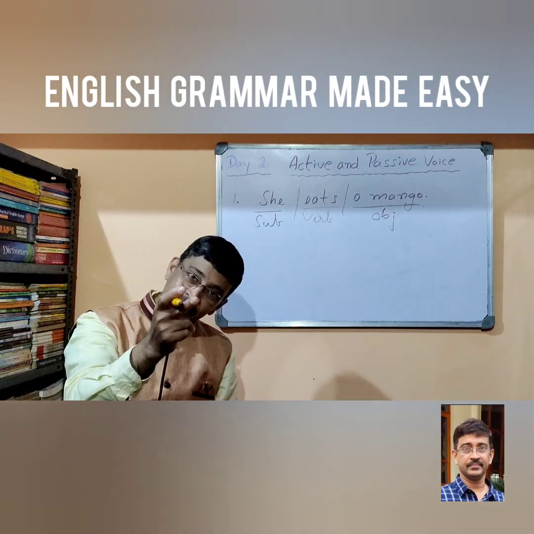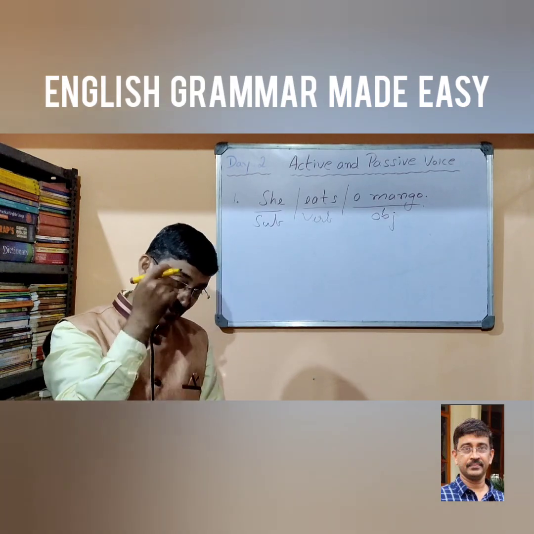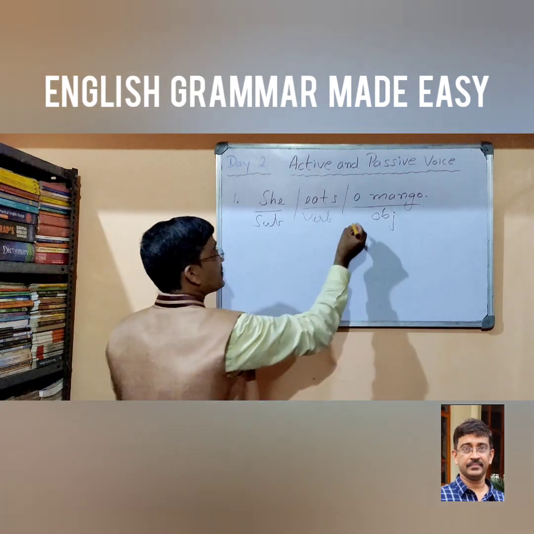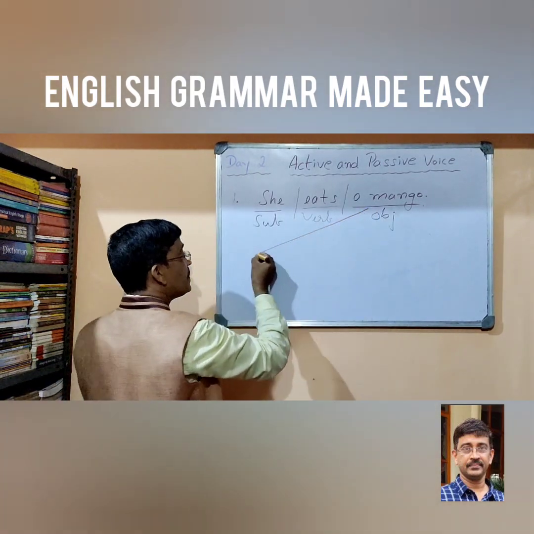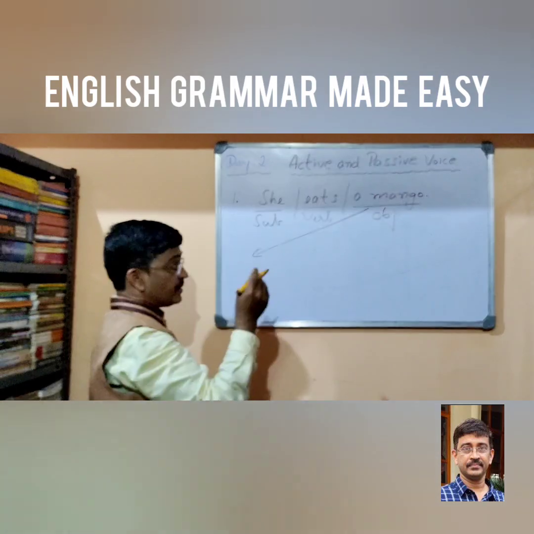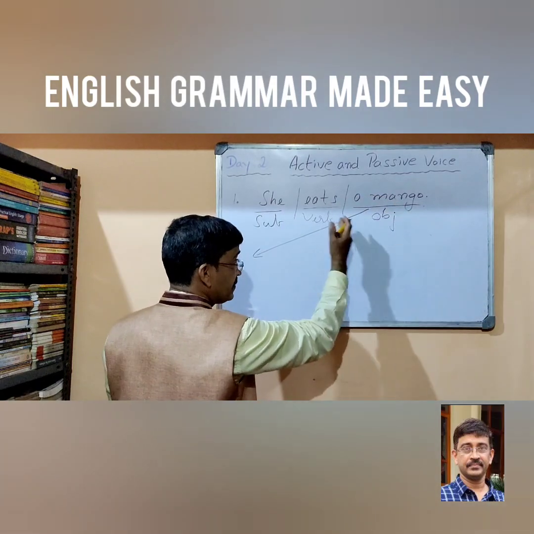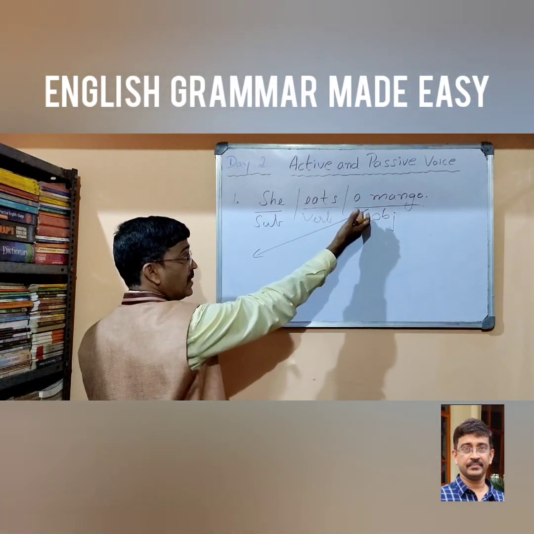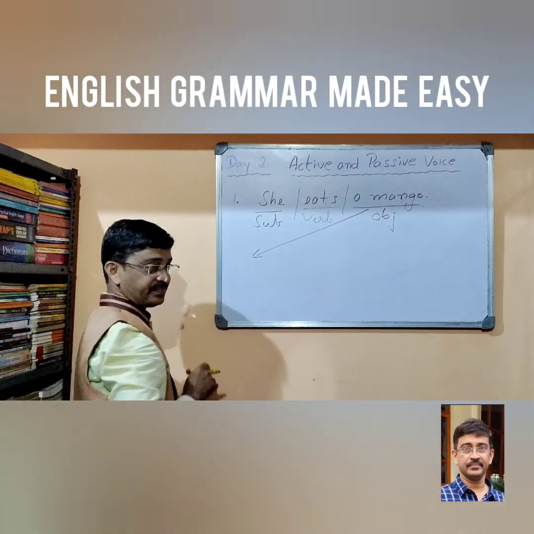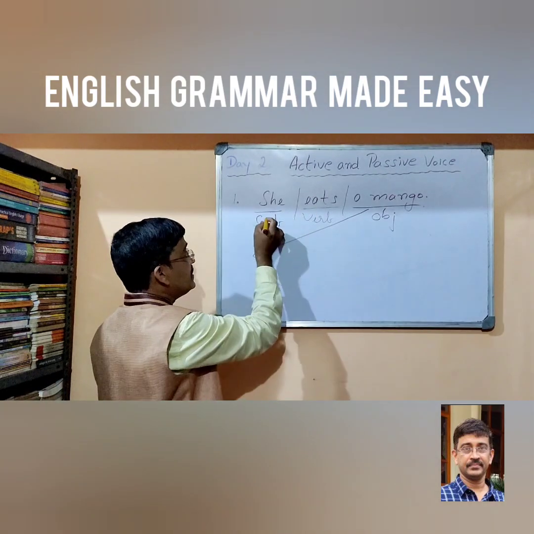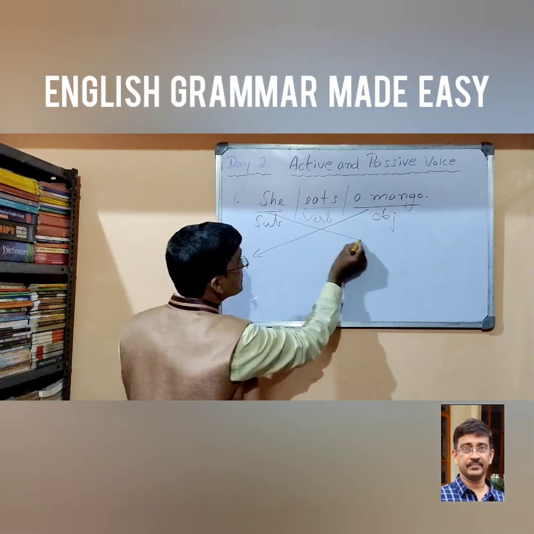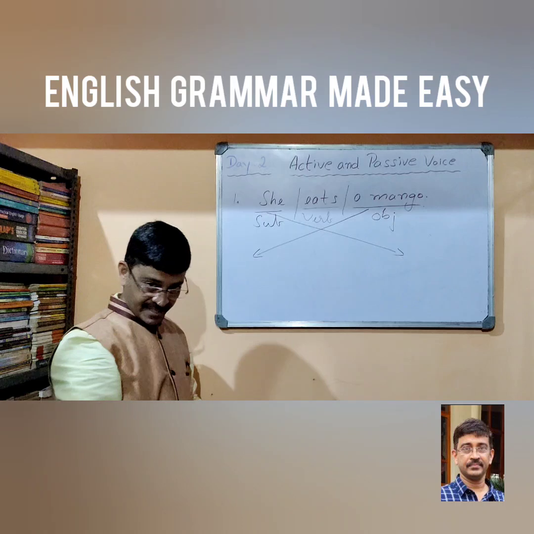Now third step, what is it? Draw the arrows. So you have verb. See, whatever you have towards your right hand side of the verb, that is object, and you have object here. Then you have the subject last.